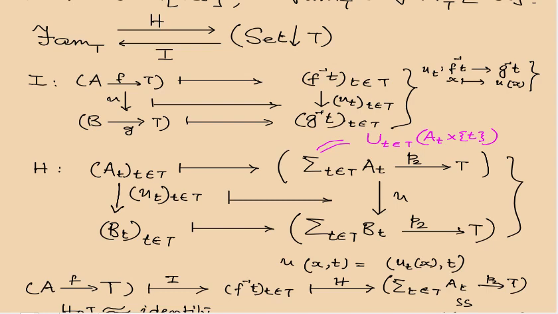So in the category of bundles, I cannot make any difference between these two objects. So the functors, two ways. Firstly, we cannot consider this as an isomorphism. So I or H is not an isomorphism.